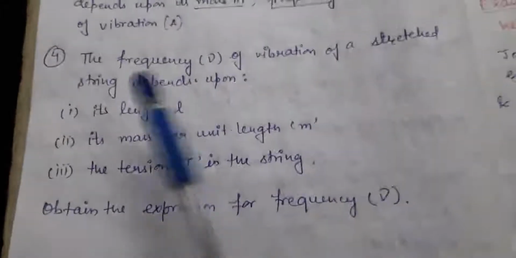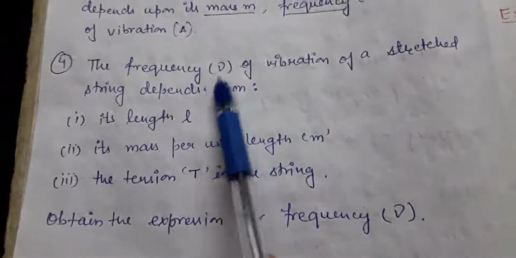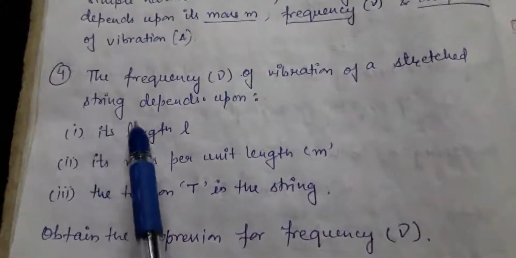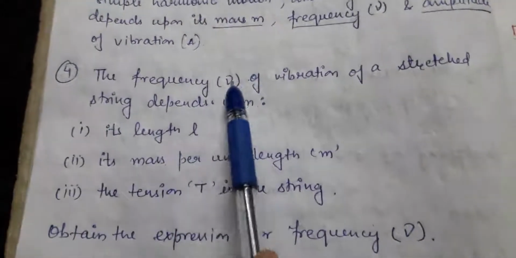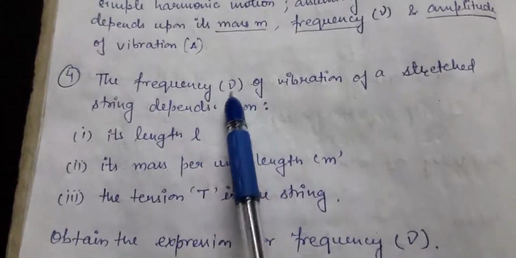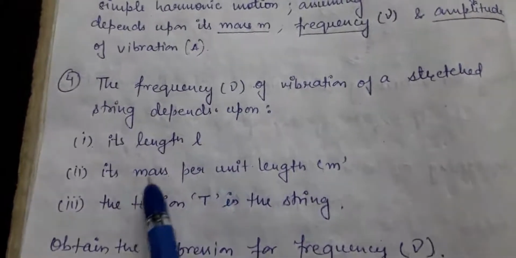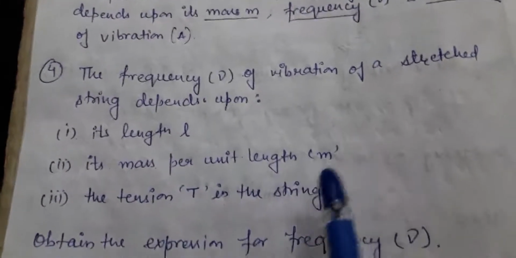The last question is: the frequency of vibration, the frequency symbol is nu, of a stretched string depends on, so on the LHS the physical quantity which remains is nu, and it depends on length, number one. Second, mass per unit length. Just take care for this word.